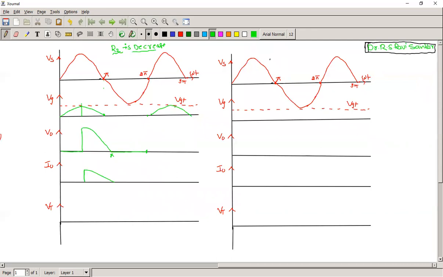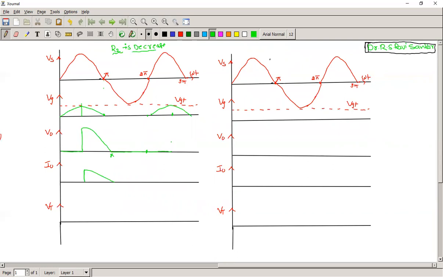Again, from 2 pi to this instant, the SCR is forward bias, but the gate voltage is not sufficient. At the point where the gate voltage equals the gate trigger voltage of the SCR, the SCR is on. Up to that point, it is in a blocking state.